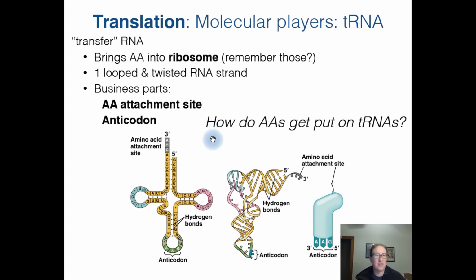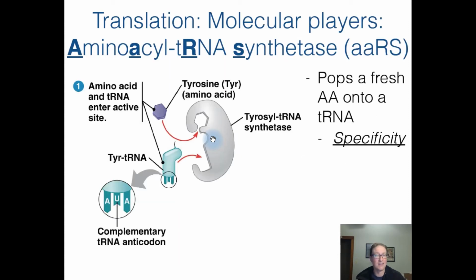So then you might wonder, how do the amino acids actually get attached to these tRNAs? And you don't need to remember too many of the details of this process at the moment, but just to satisfy your curiosity, the amino acids are actually attached by a type of enzyme that's called an aminoacyl tRNA synthetase.